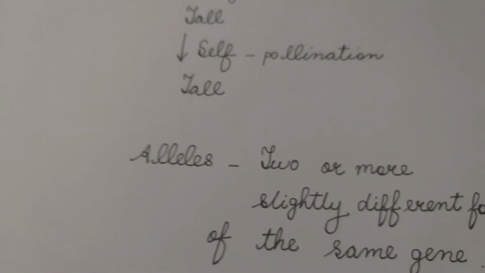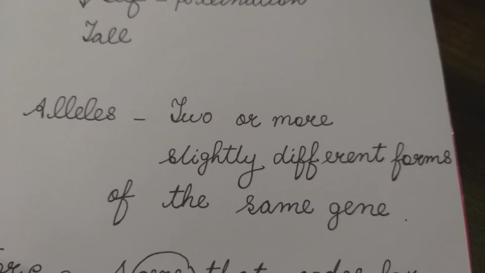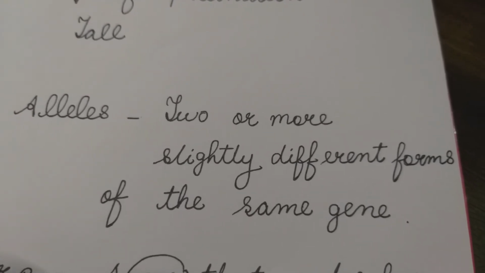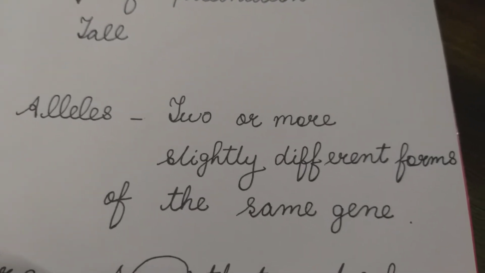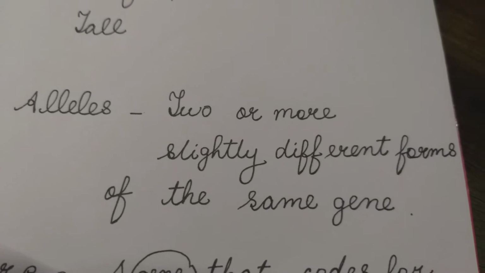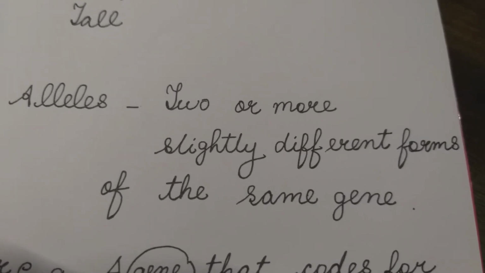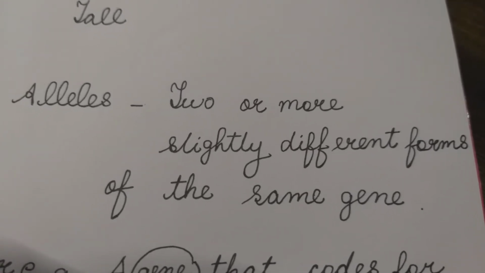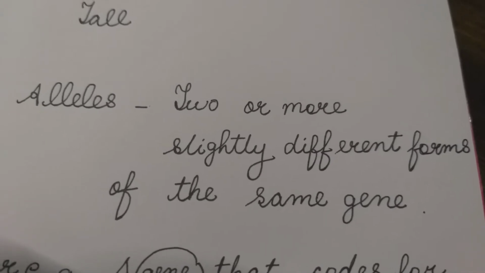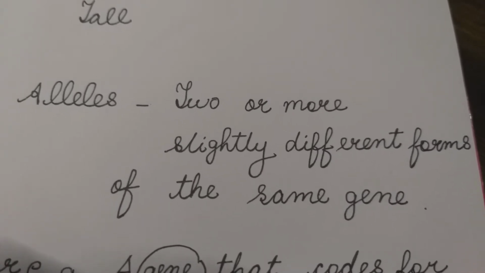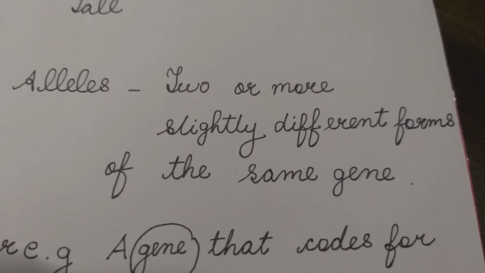What are alleles? Two or more slightly different forms of the same gene are called alleles. Alleles are the alternative forms of the same gene that codes for a particular trait.